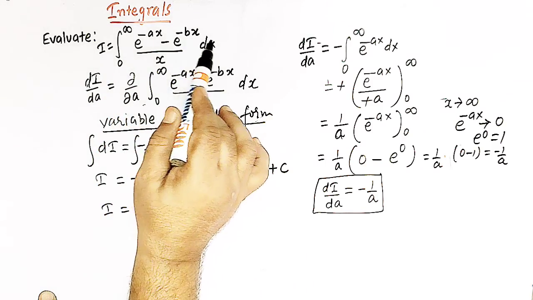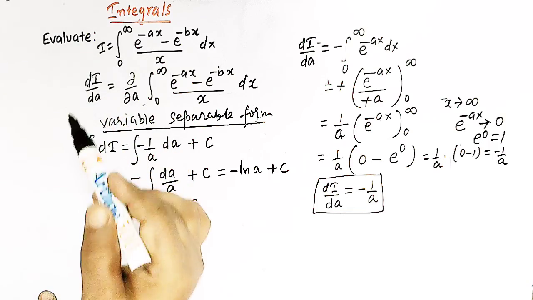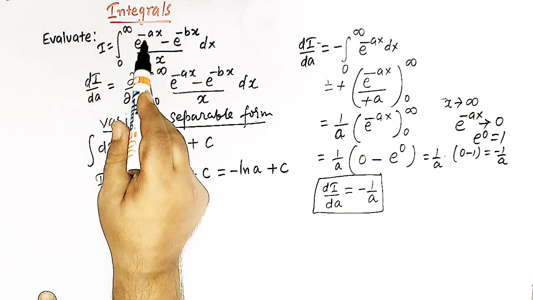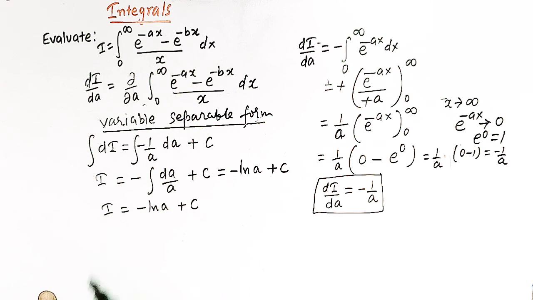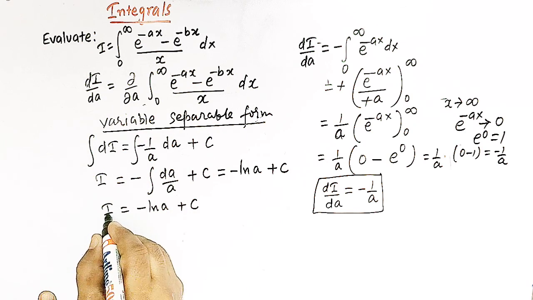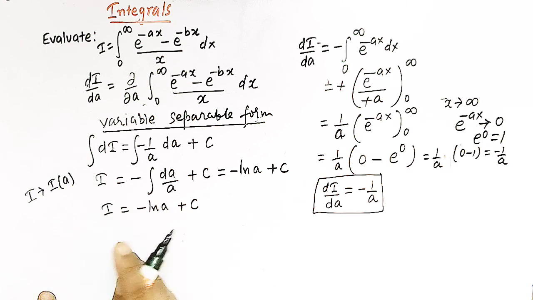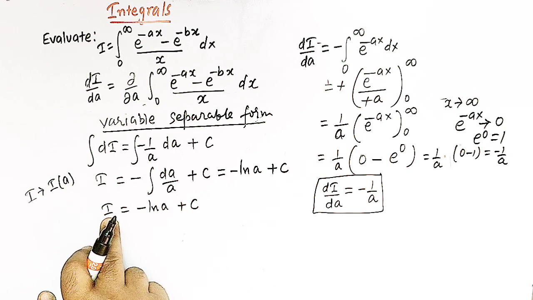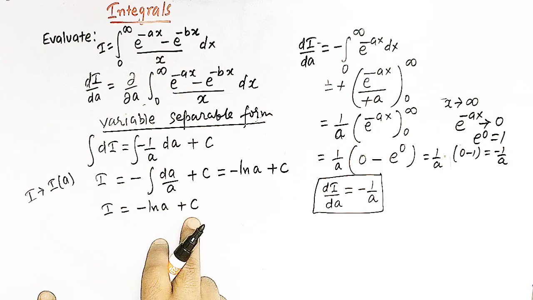So when we have assumed this integral as I, then I is treated as a function of a, because we are differentiating both sides with respect to a. So we can also take I as I of a, but here we'll prefer this notation, right? So I is equal to negative of natural log of a plus c.